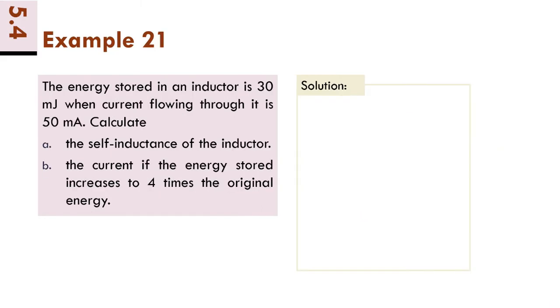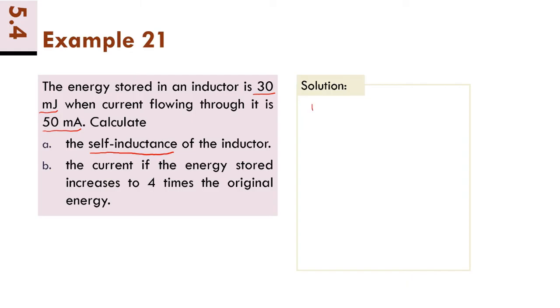Right, so we proceed to example 21. Look at the question, take out all the information. The energy stored in the inductor is 30 millijoules, so energy is given. And then the current flowing through it is 50, so current is given. The first question asks for self-inductance.